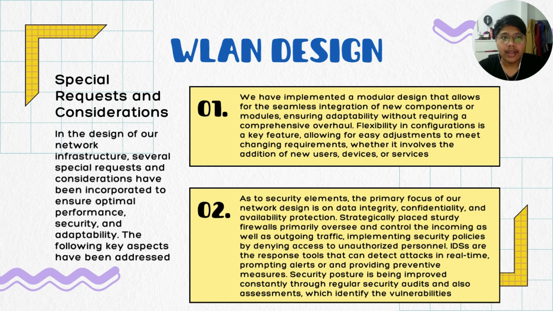IDS, or intrusion detection system, are response tools that can detect attacks in real time, prompting alerts or providing preventive measures. Security posture is being improved constantly through regular security audits and assessments, which identify vulnerabilities.